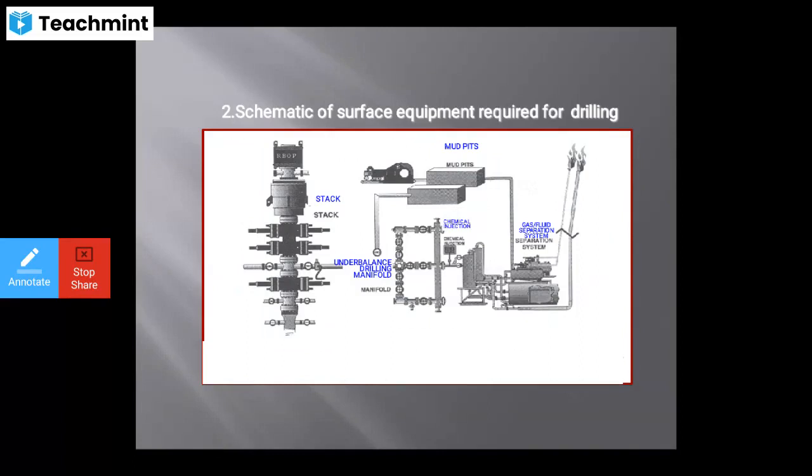Then it has been shown here also the gas and fluid separation system. So choke manifold and your BOP stack, that is rotatable BOP, and mud pits. So that is the brief schematic of surface equipment needed for your drilling.